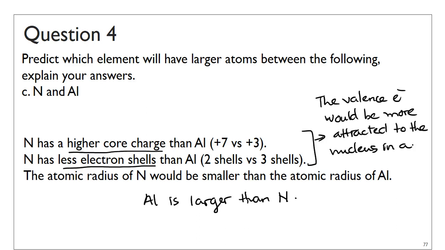So I guess that's one way to extend this answer. But ultimately, you can deduce that aluminium is going to be larger than nitrogen.